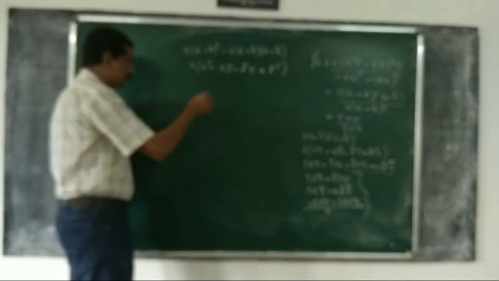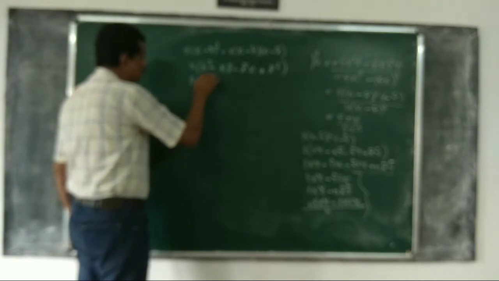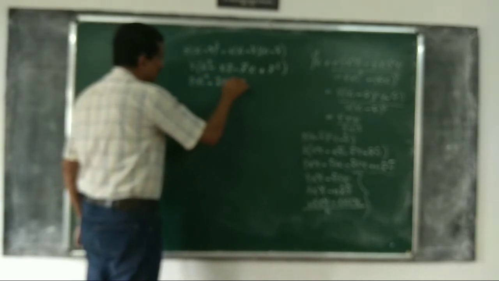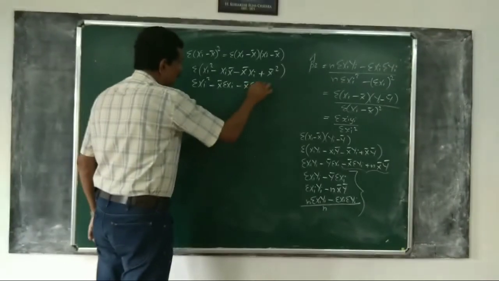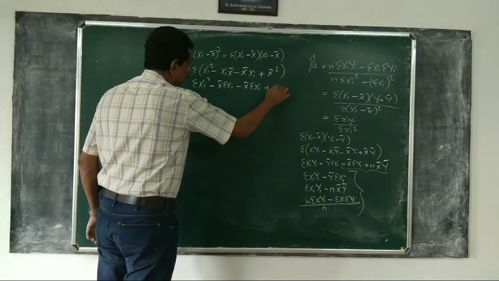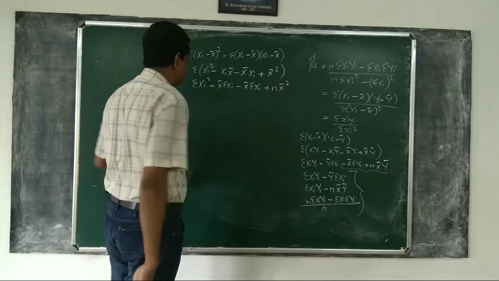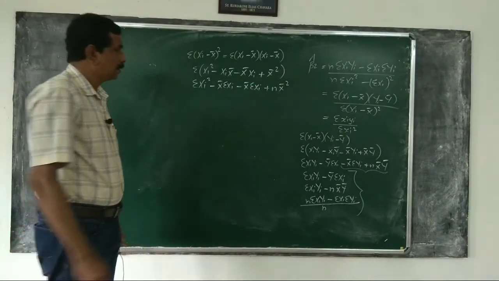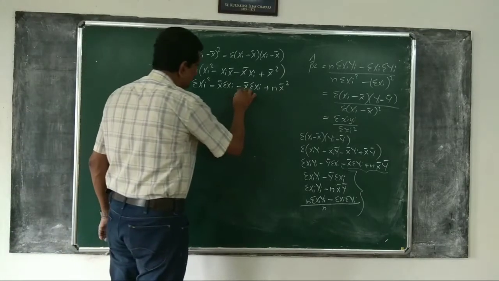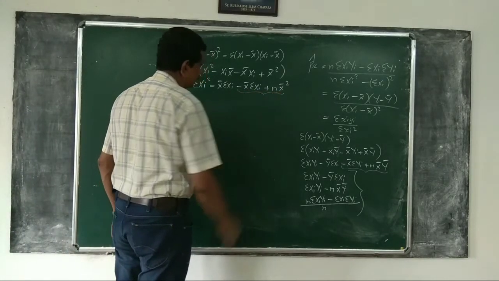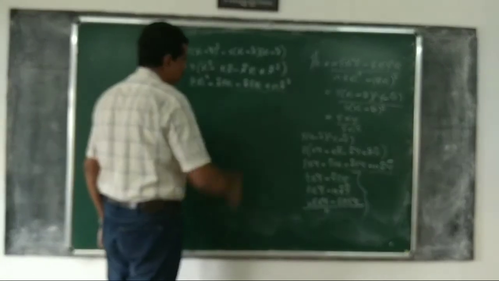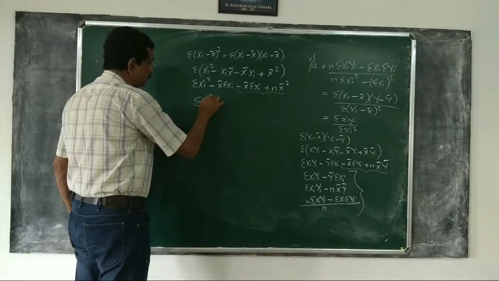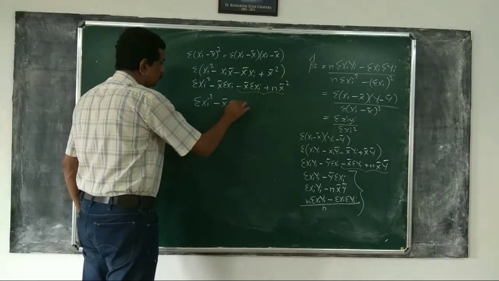Taking summation inside, sigma xi square minus x bar into sigma xi minus x bar into sigma xi plus n into x bar square using the properties of the summation operator. Now, these two terms will cancel because these expressions are same. So, one expansion is sigma xi square minus x bar into sigma xi.